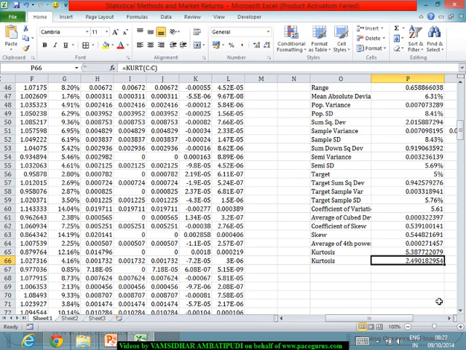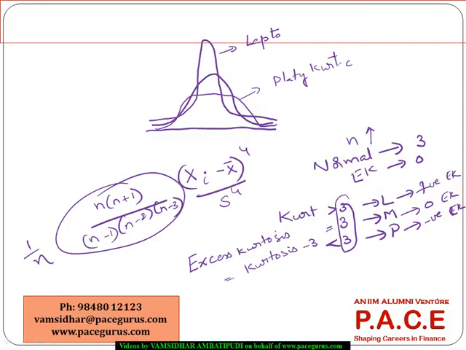So in general, when I am working with samples of, let's say, 100 or above, a skewness which is more than plus or minus 0.5 is very severe, unusually large.